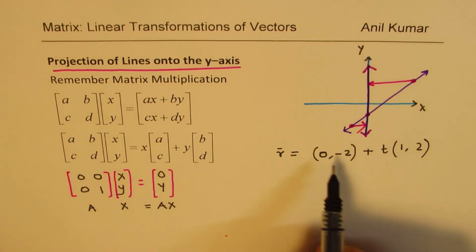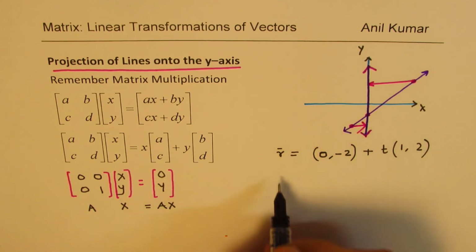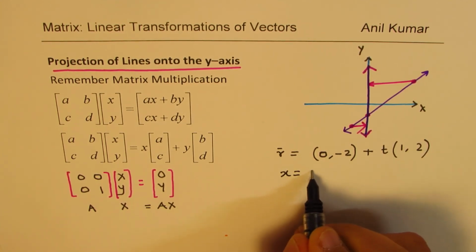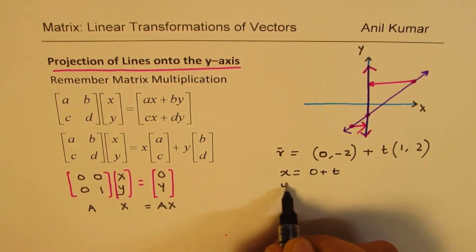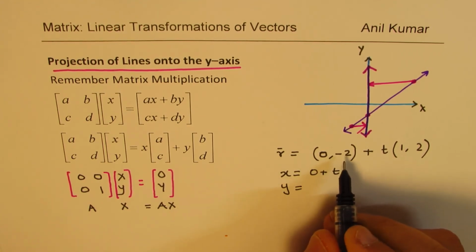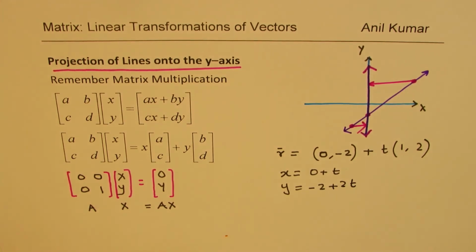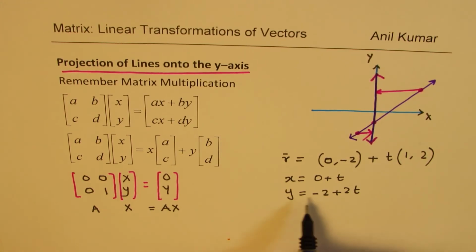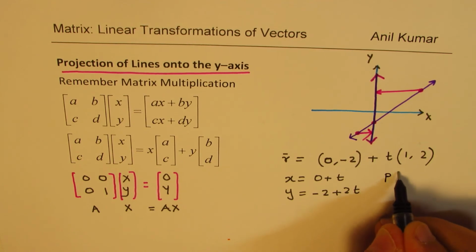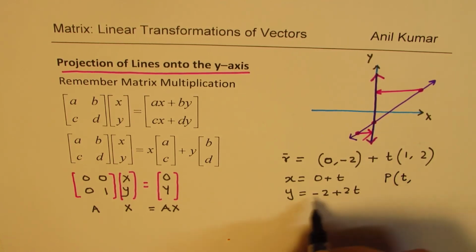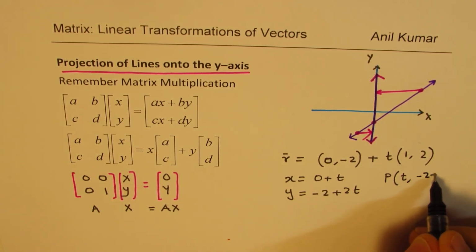So that could be a general point on our line. So the x value in this case will be 0 plus t. The y value in this case is going to be minus 2 plus 2t. Correct? So that becomes a general point for us. So we have a point which is t and minus 2 plus 2t.